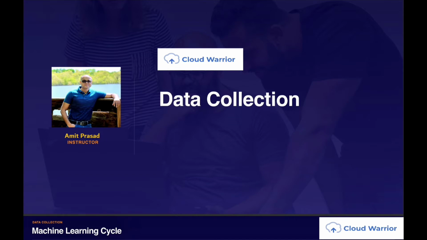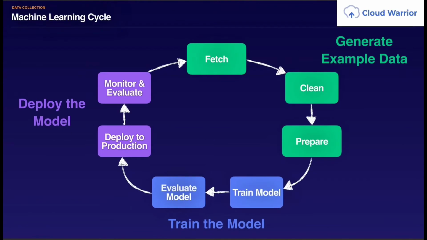Now, this cycle is going to be used throughout this course, and what it represents is the iterative process of machine learning. Now, we start by fetching our data from different sources. Once we have our data, it needs to be cleaned and prepared before we send it to our model. Now, after we send it to our model, we need to evaluate our model to see if our model's actually any good.